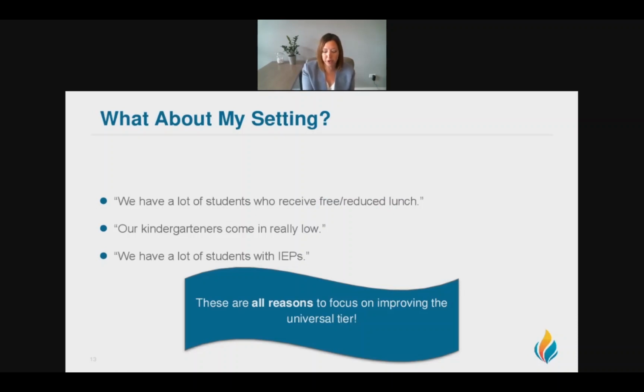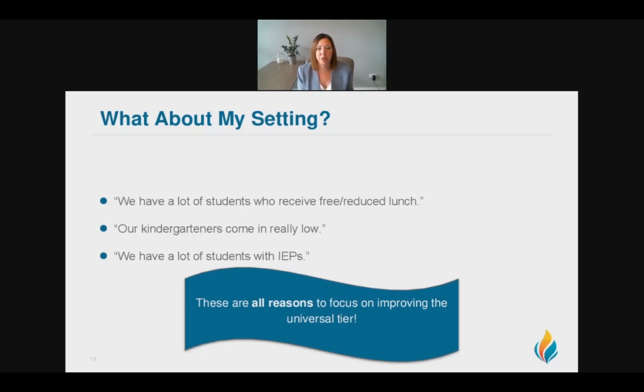So at this point, if you're having this conversation in your building, you may have others who say, well, that's really nice, Sarah, but we have a lot of students in our building who receive free and reduced lunch and who came to school with really low skills in kindergarten, or we have a lot of students with IEPs. When I see that, and we know those things about our students' background, about our students' needs, then those are all, to me, reasons that we need to be focusing more on the universal tier.